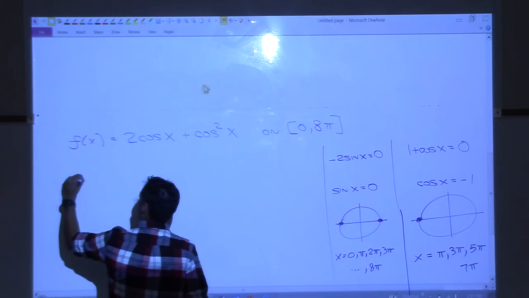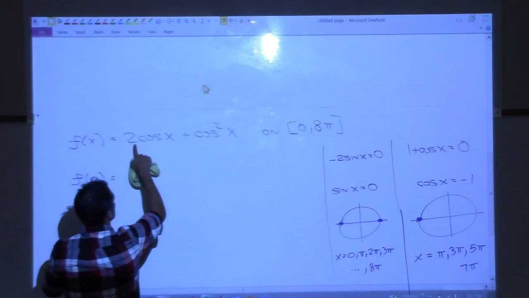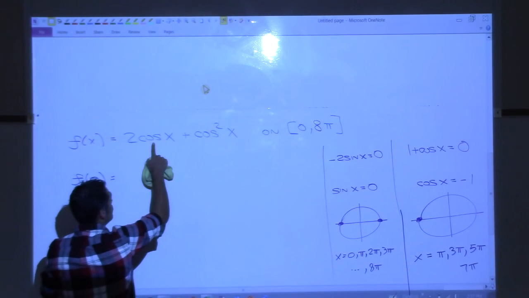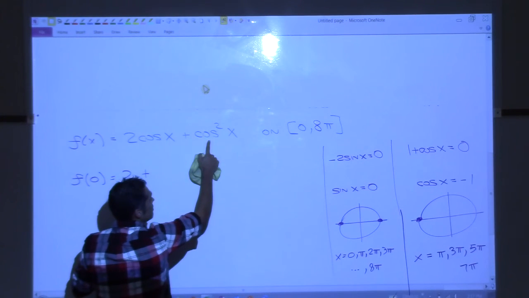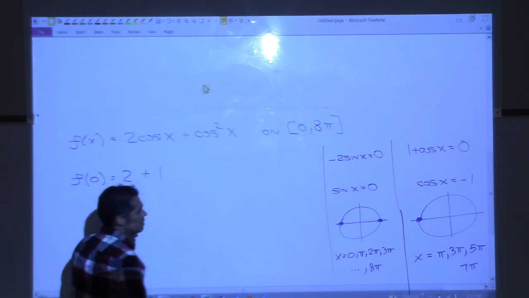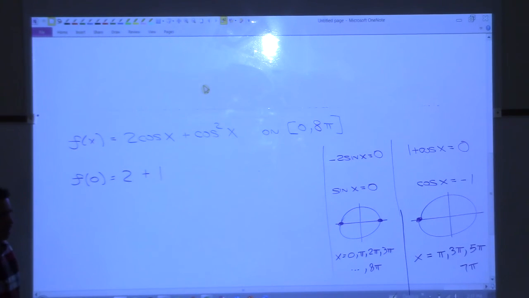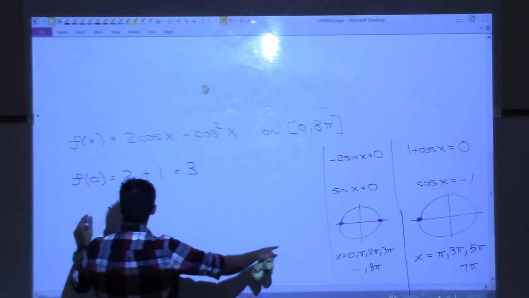So if we go back up here, what's f of 0? Well, what's cosine of 0? 1, so that's 2, plus cosine of 0 is 1 then squared, right? So 1? Y'all agree? So what's that? 3, okay.